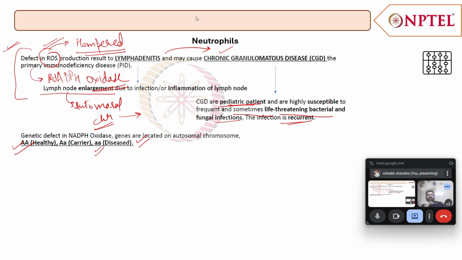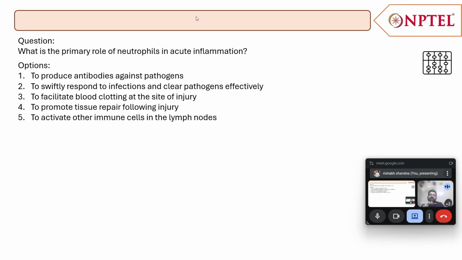Okay, so let's move on to the questions. What is the primary role of neutrophils in acute inflammation? So, what can be the correct answer?